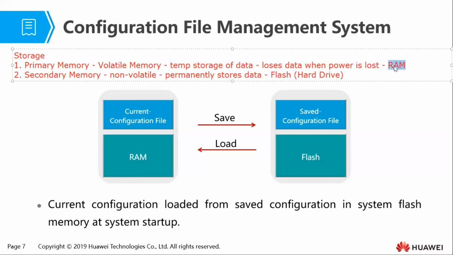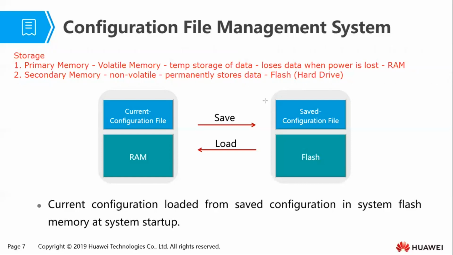So the CPU normally accesses content from the RAM in order to improve the processing speeds. So primary memory is actually faster compared to the secondary memory in terms of access, and the CPU will access everything from here. So any software that runs has to be loaded into RAM.